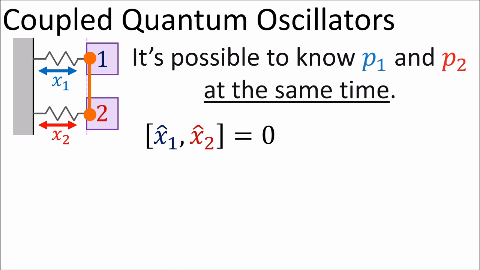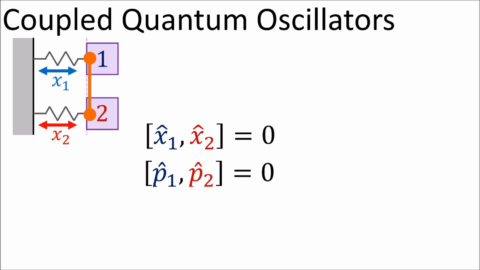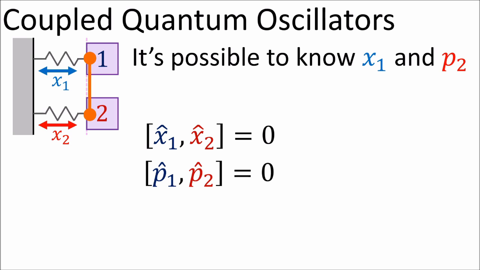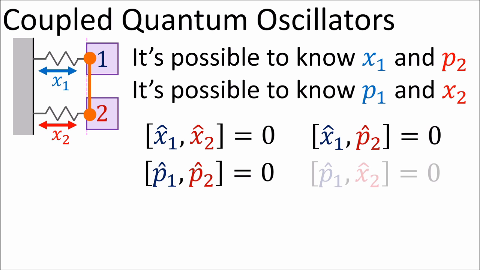Similarly, we can know both momenta of both oscillators at the same time, so the two momentum operators commute. It's also possible to know one oscillator's position exactly and know the other oscillator's momentum exactly. So operators from different oscillators always commute.